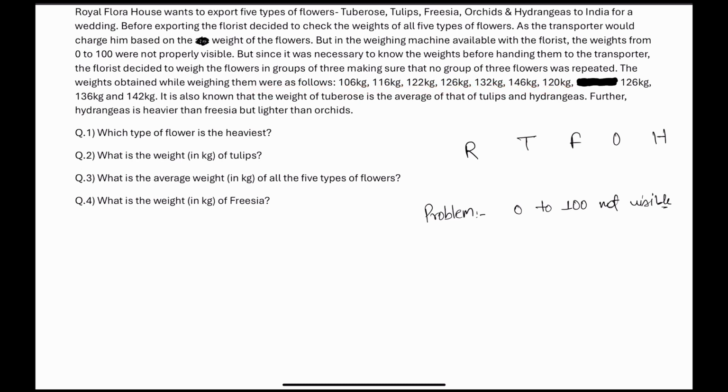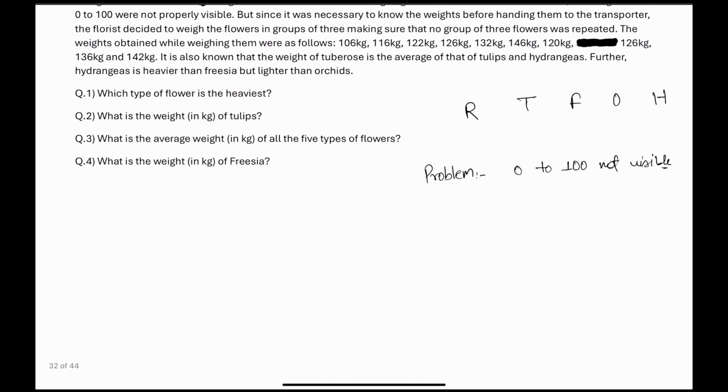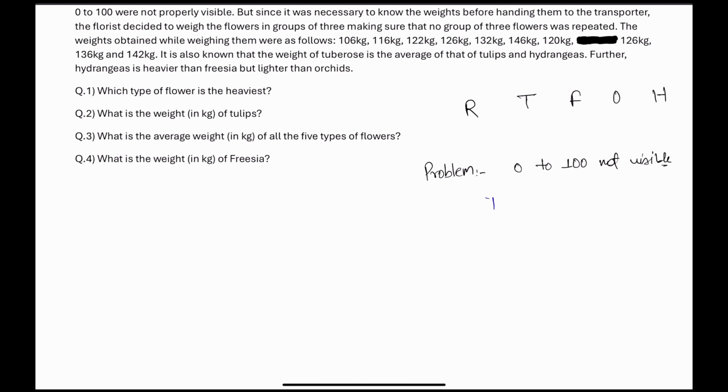It is known that the weight of the tuberose is the average of that of the tulip and hydrangea. Let's just write everything here so that we don't need to read again. So tuberose, which is represented with R, is the average of the tulip and hydrangea.